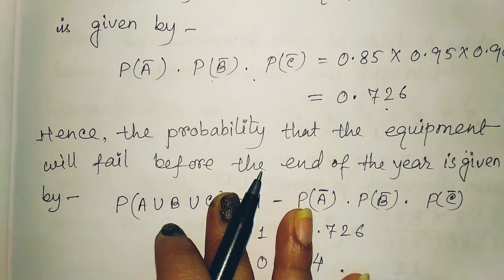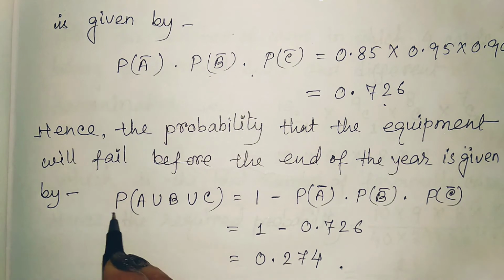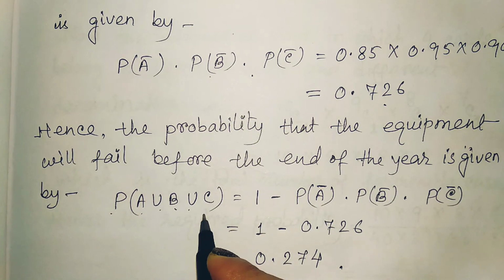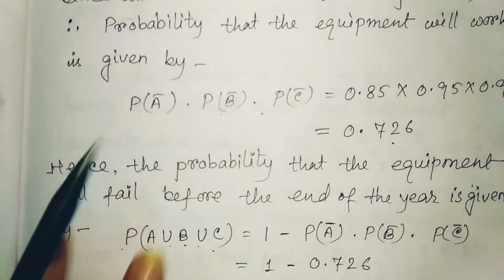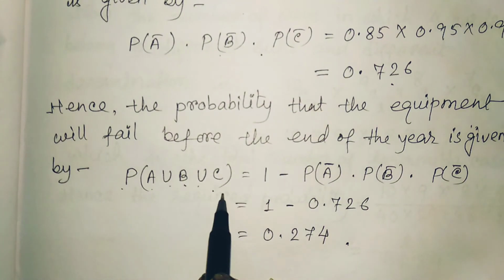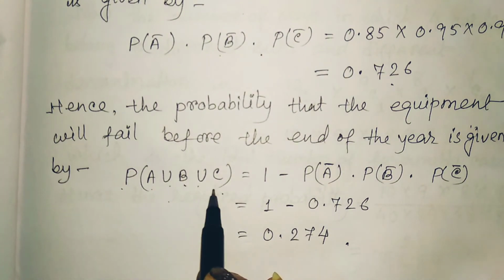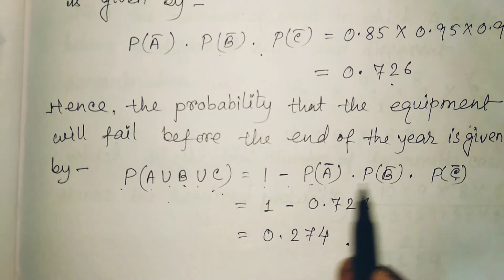Hence, the probability that the equipment will fail before the end of the year is given by probability of A union B union C, because these are the probabilities of failures. If we take the union of these 3, then we will find the failure of the equipment during the year. So this one we will find as 1 minus its complementary probability, as they are independent.